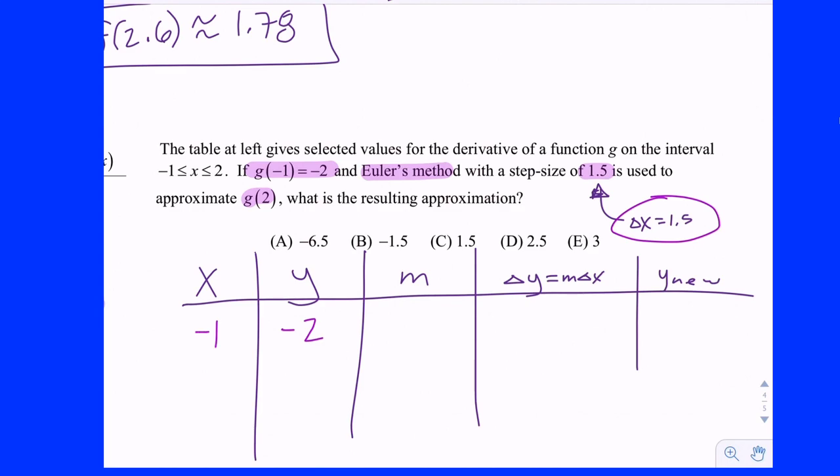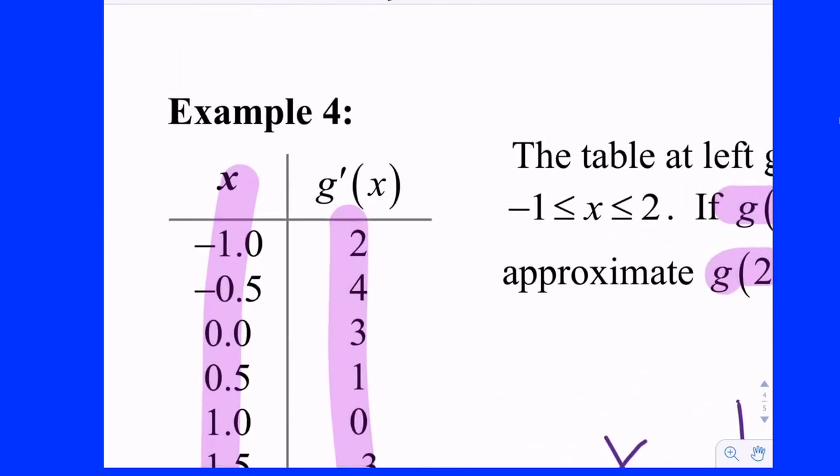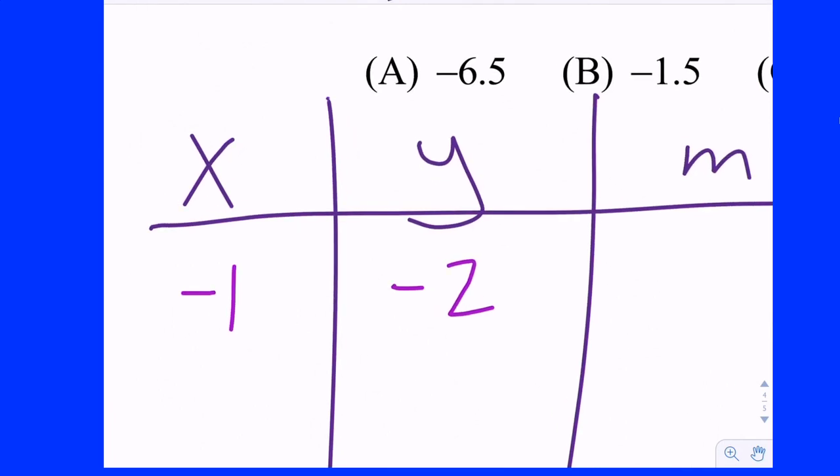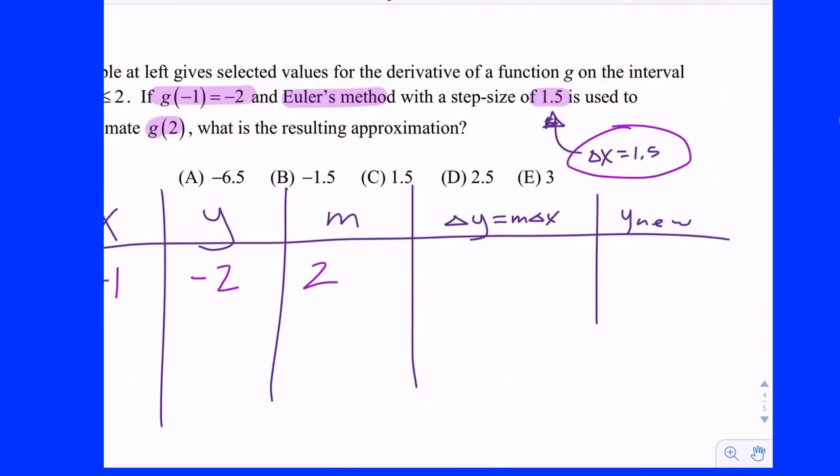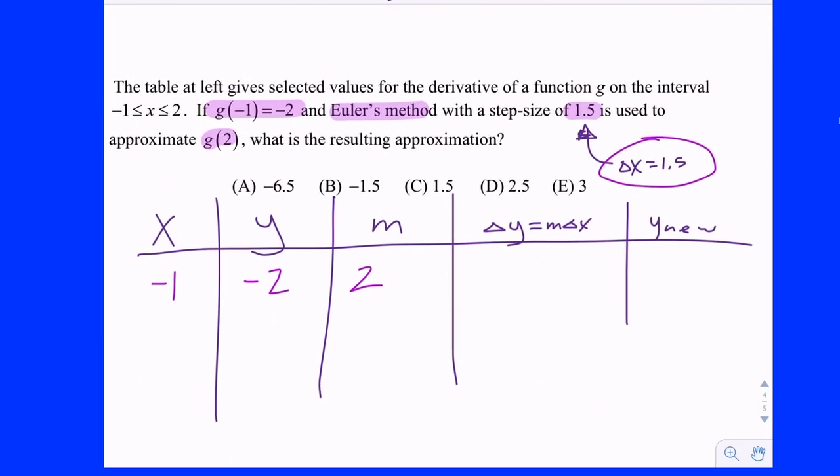So what's the slope at the point -1, -2? Well, we only need the x value. Apparently it's 2. We get that from the other table. So it's 2. Now delta y is 2 times delta x. What's 2 times 1.5? 3. So your new y value is the old one of -2 plus the change in y, which is 3.